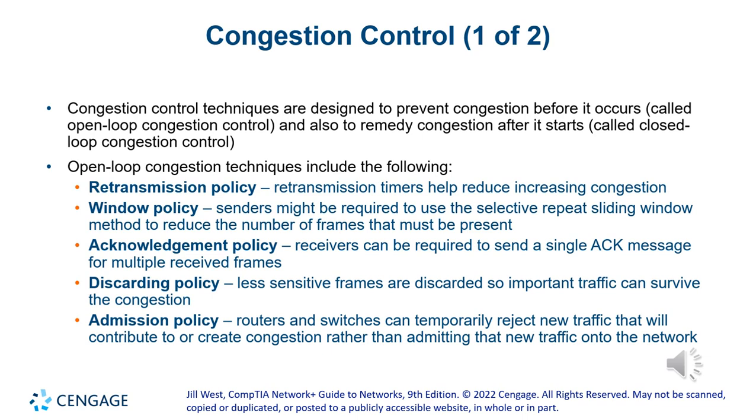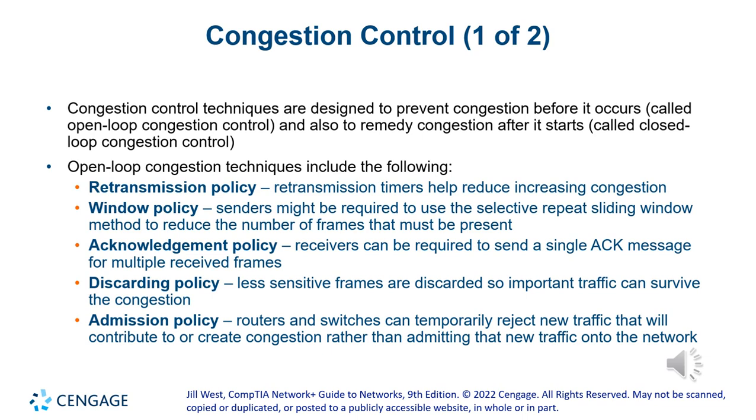So for the open loop control, which is before it happens, you can have the retransmission policy, you can have the window policy, remember the sliding window, and the acknowledgement policy. So when I send a packet, I need that ACK coming back. Discarding policy, that some frames can get discarded. If there's too much congestion, you can set a certain amount of discarding you can do.